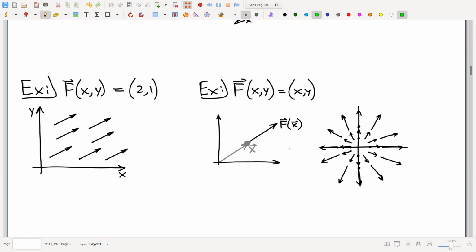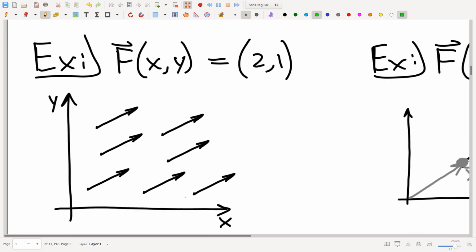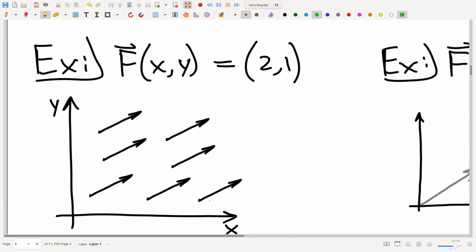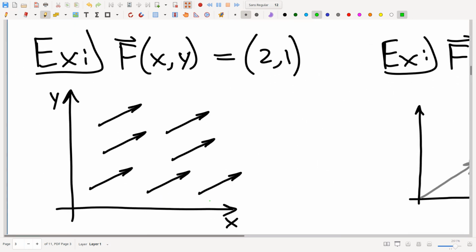All right, so let's see some examples. A couple of quickies, starting with this one right here. For every point x comma y, such as, for example, that one, here's the field vector, 2 comma 1. Now, as per our rule, I'm going to represent that by an arrow with its tail at the point.